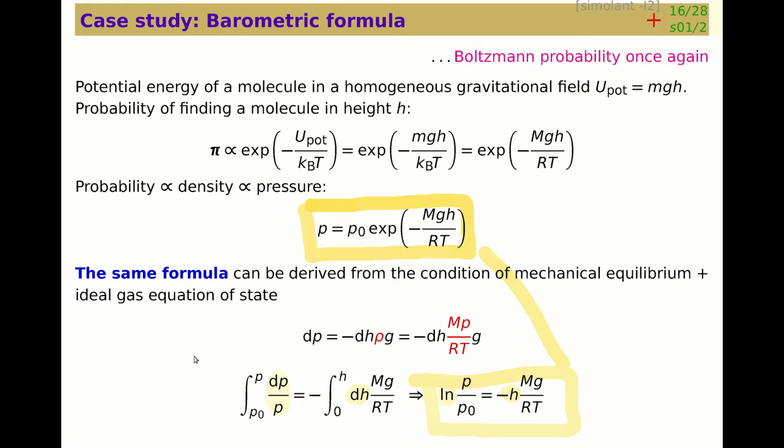And if you think a bit about this formula, you can understand the principle of multiplication of probability. This is an exponential function. The field is homogeneous. That is, if we go in levels which are the same, let us say 1 meter, always we have the probability of finding a molecule here with respect to this level multiplied by the same Boltzmann factor of the difference of these energies.